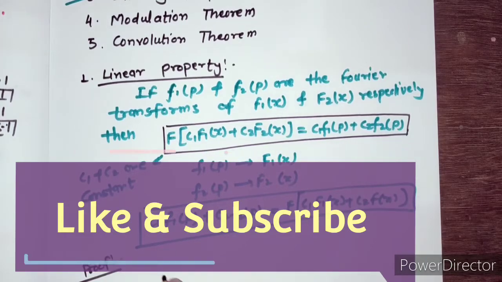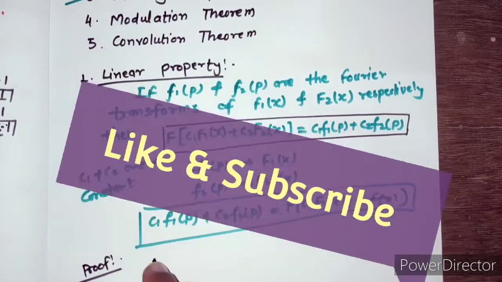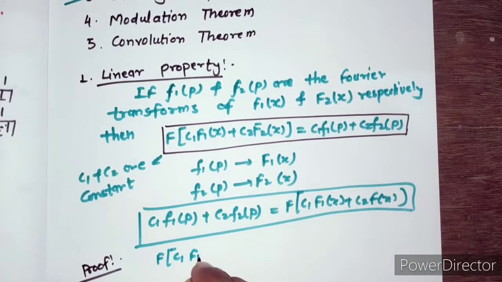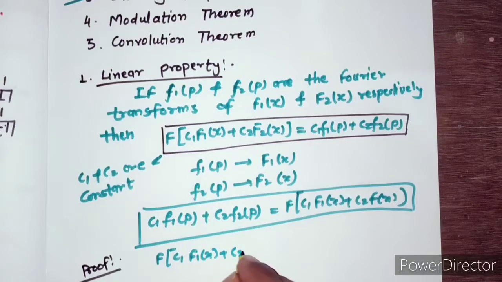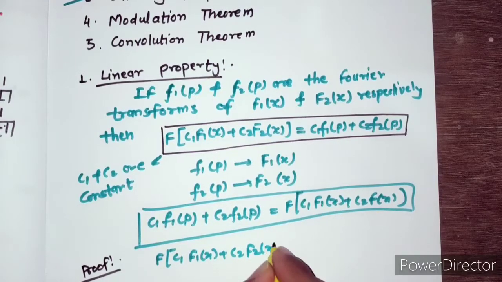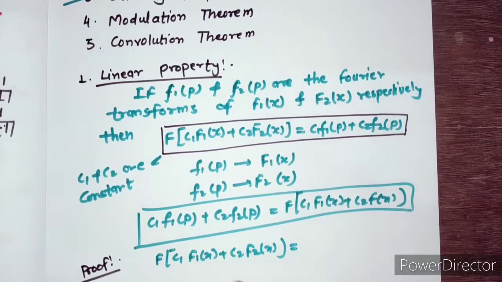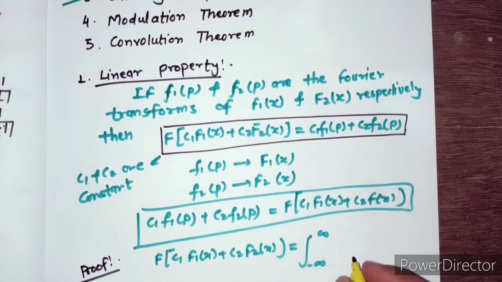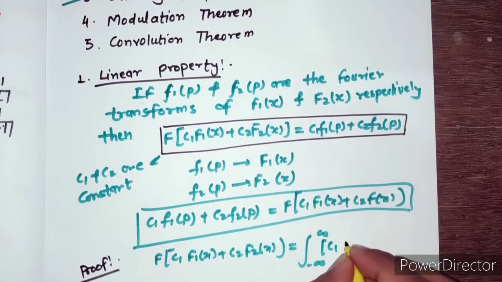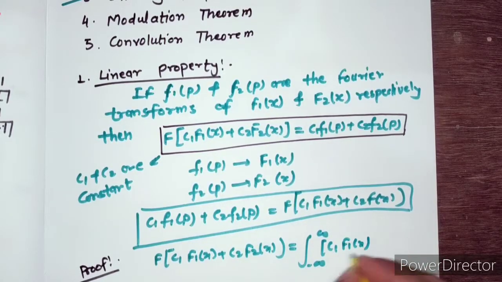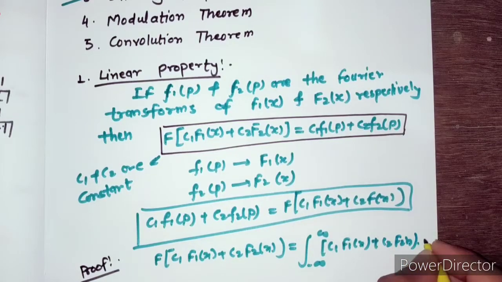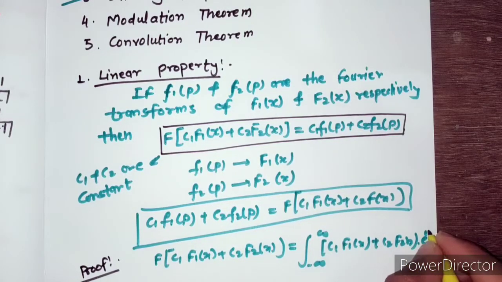Suppose this is the transform F of c1 f1(x) plus c2 f2(x). Integrating from minus infinity to infinity, as also discussed in a previous video, c1 f1(x) and c2 f2(x) times e raised to the power ipx dx.